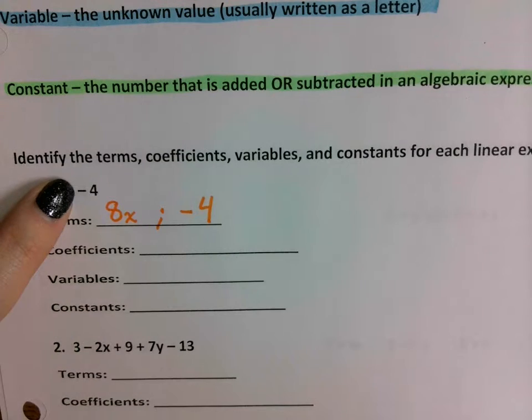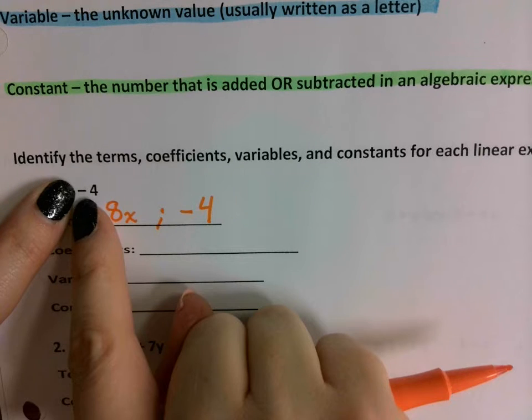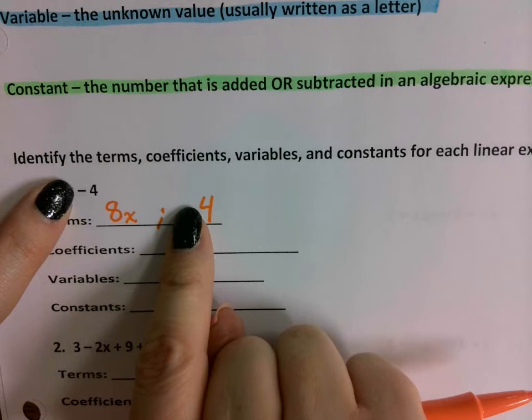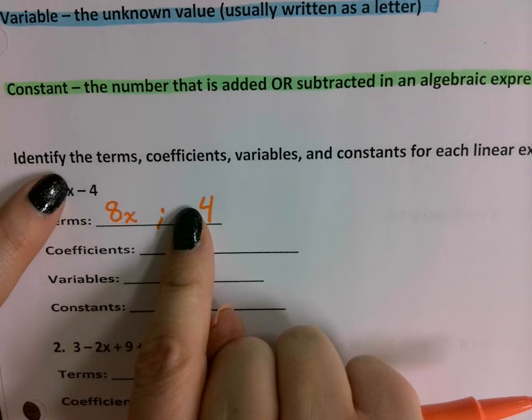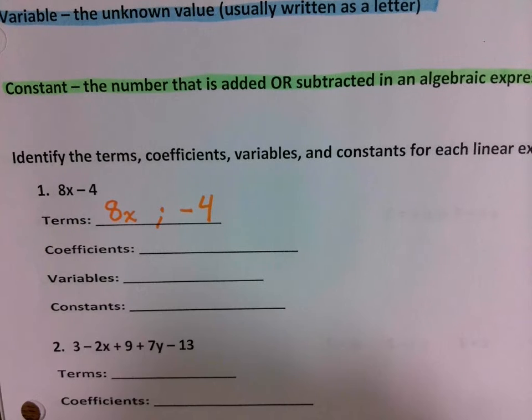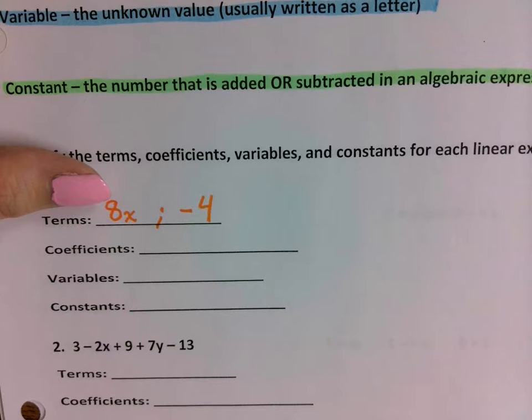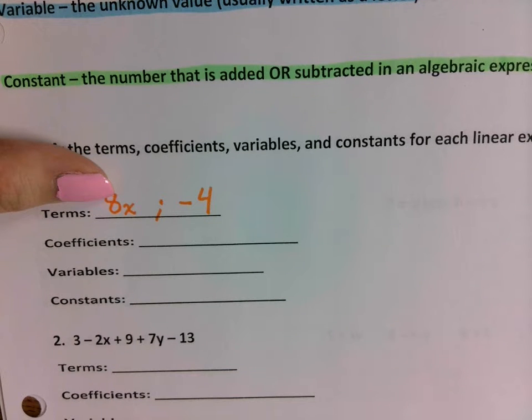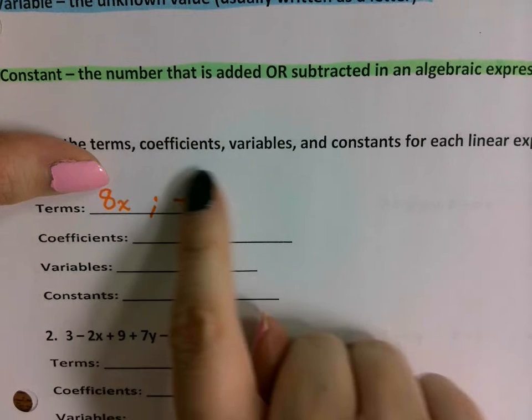If you drop that minus sign and just say 4, then that means that you're adding a 4, not subtracting. It changes the problem. Be very careful about that. All right, now that I have my terms written out, I'm going to go ahead and cover up my expression. I'm going to ignore it. I'm only going to focus on the terms. I've got 8x. I've got a negative 4.